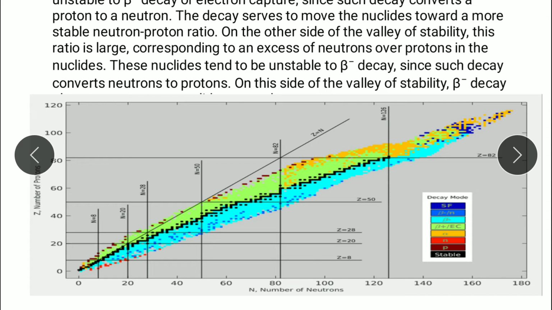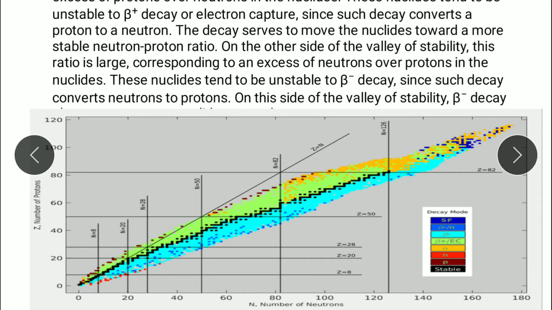Now what happened? In the B plus, proton number is greater than neutron number, and that's why here beta plus decay. But what happened in beta minus decay? See here, in the beta minus decay, we can easily see that neutron number is greater than proton number.